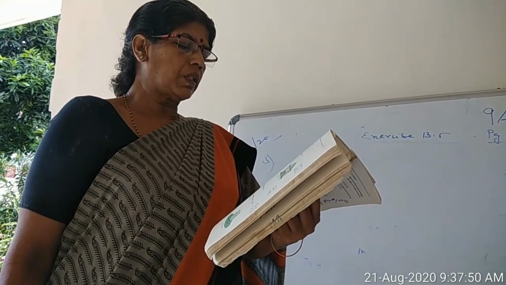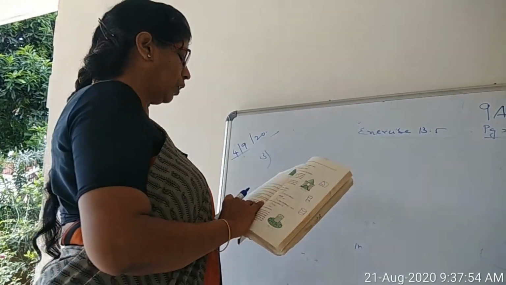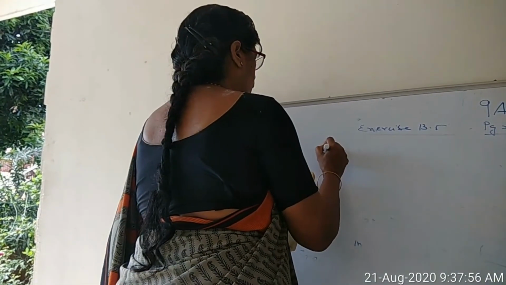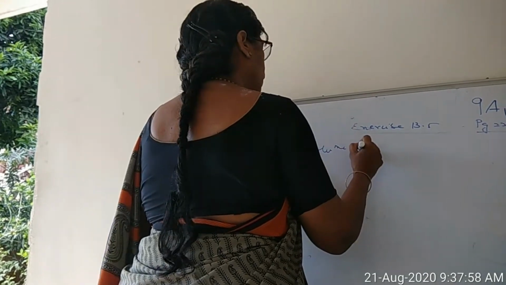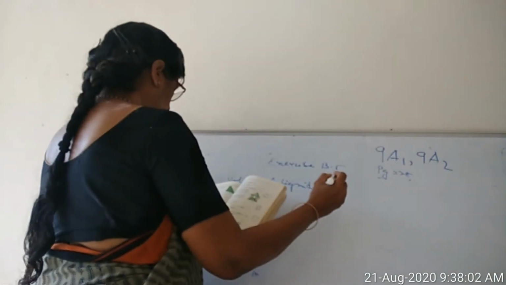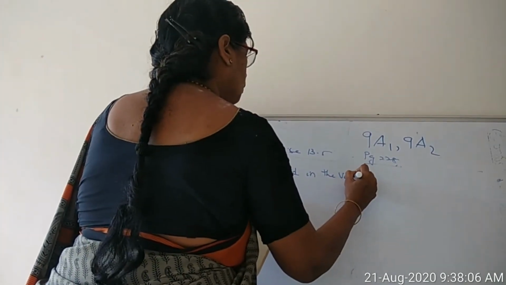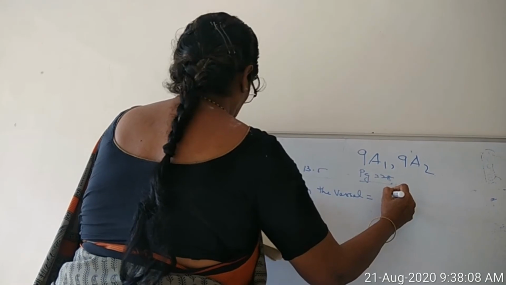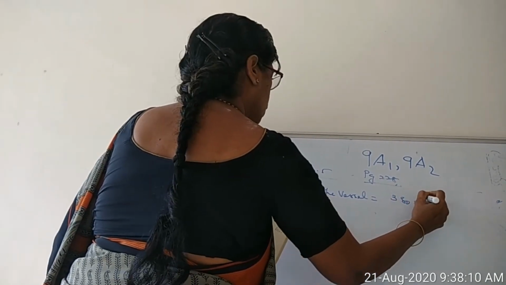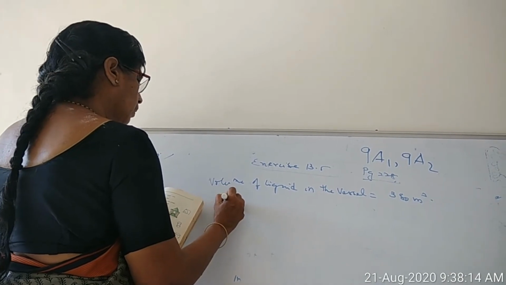How high must it be made to hold 380 cubic meters of liquid? Volume of liquid in the vessel. How much liquid is there in the vessel, children? 380 meters cube.